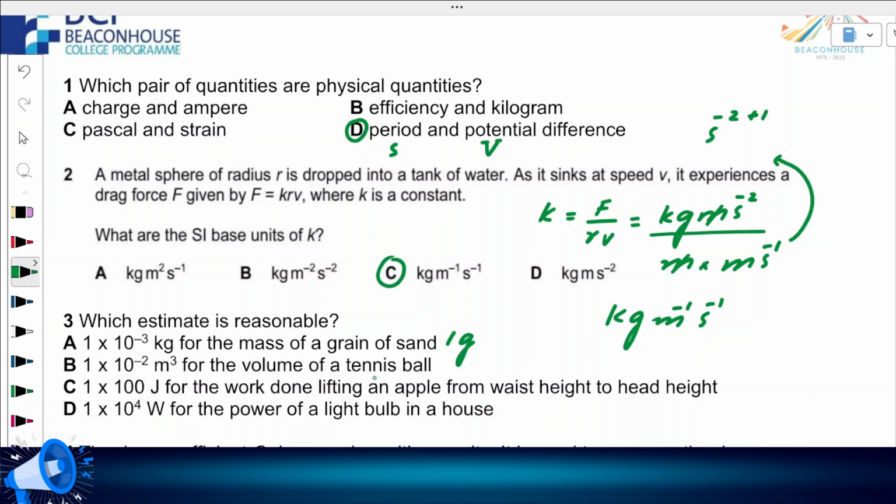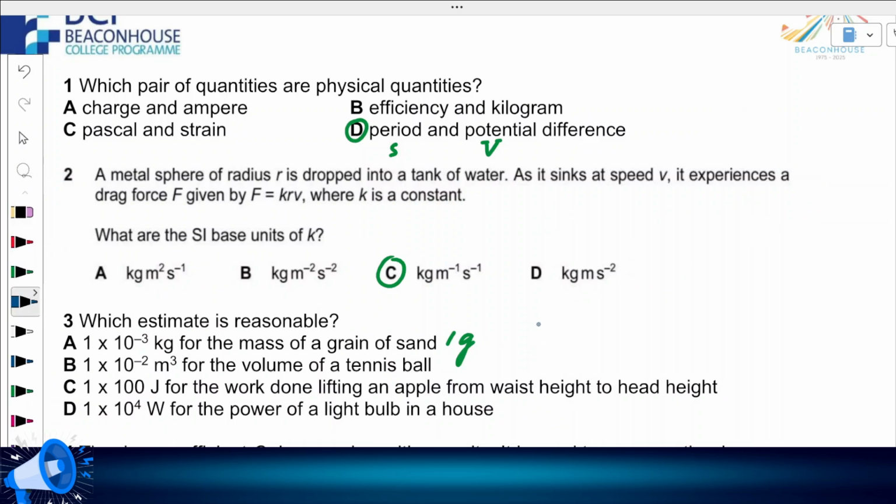Volume of a tennis ball. Okay, in order to calculate the volume of a tennis ball, you need to estimate the radius. Let's say the diameter of the tennis ball is approximately 6 centimeters. So the radius would be approximately 3 centimeters.